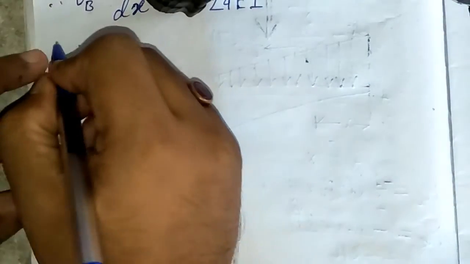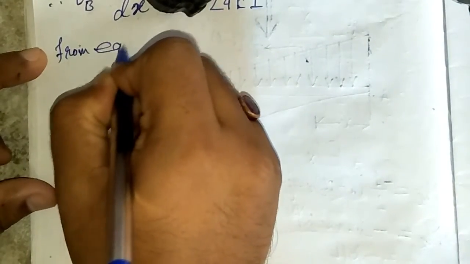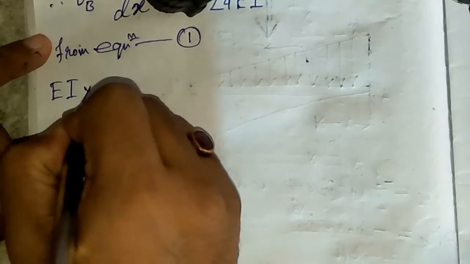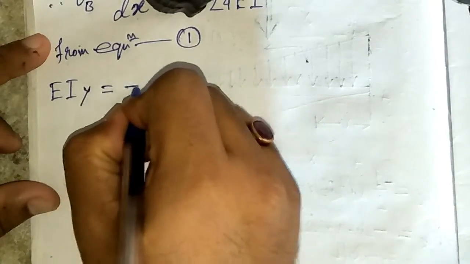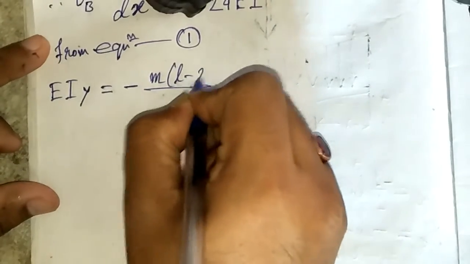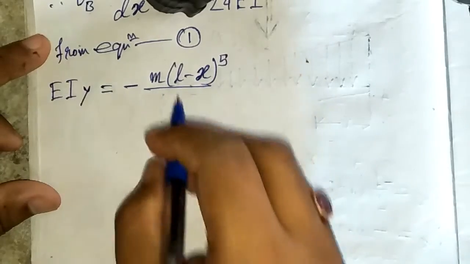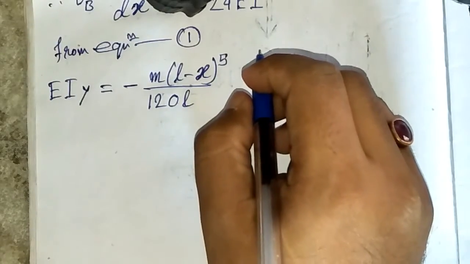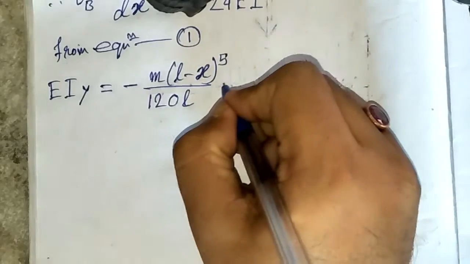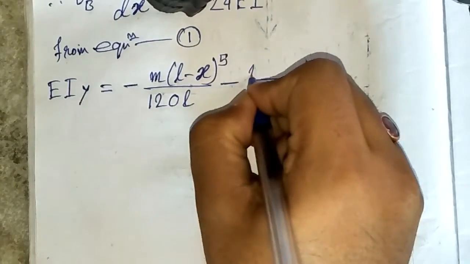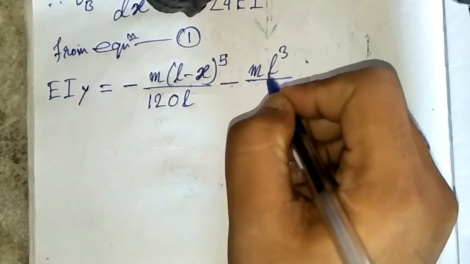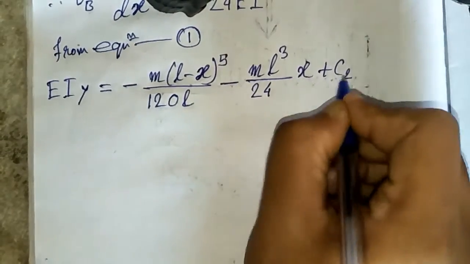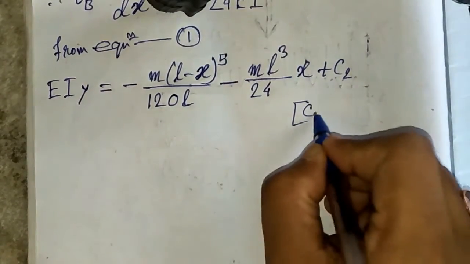So from equation number 1 we get EI into y equals minus M (L minus x) to the power 5 by 120L minus ML cubed by 24 into x plus C2, where C2 is the constant.